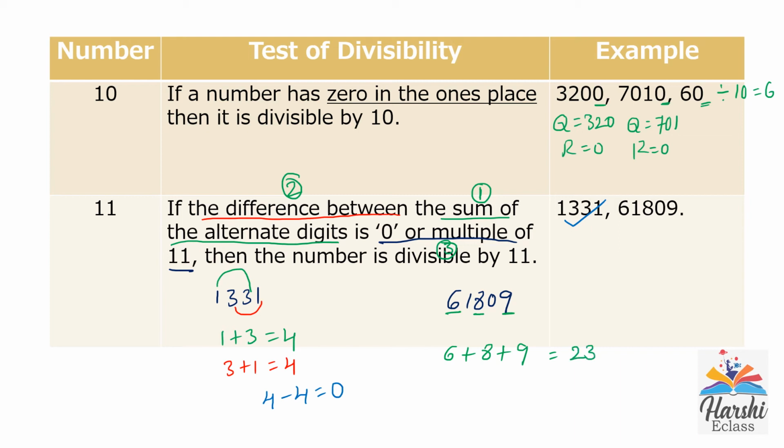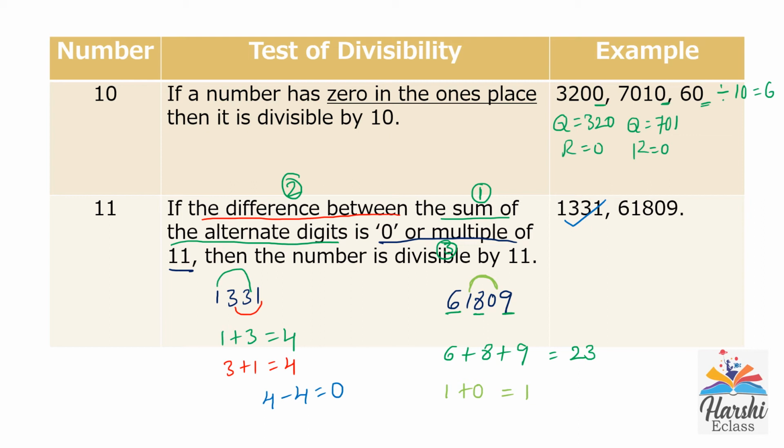23. Now add the numbers which are in the even positions. That is second position and the fourth position. 1 plus 0 is equal to 1. Now we know the sum of the alternate digits.